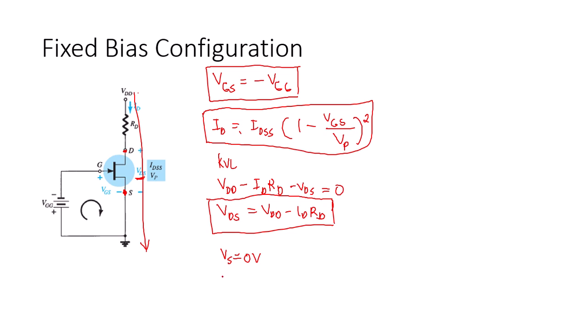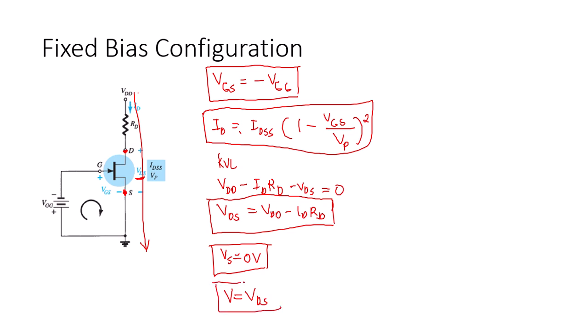And again using the double subscript notation, to get the value of VD going to ground, we have VD is equal to the value of VDS.